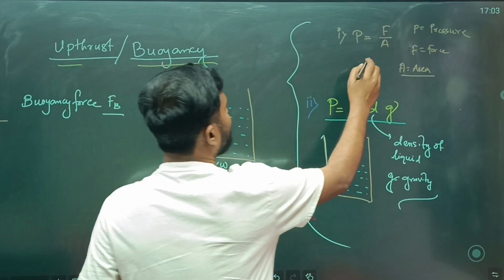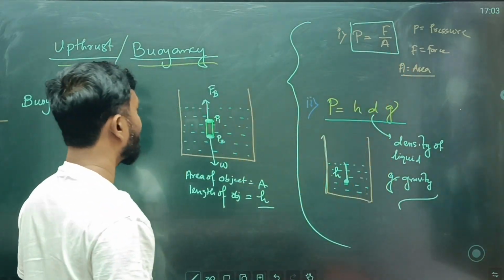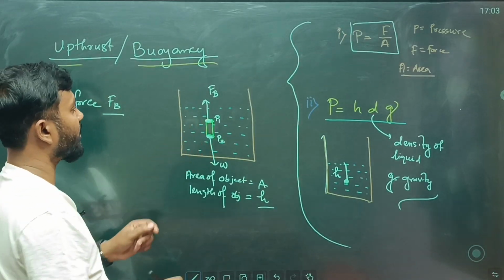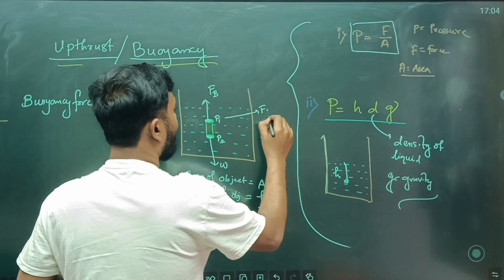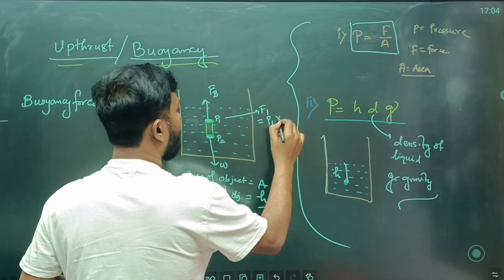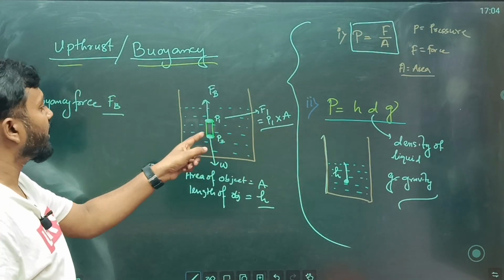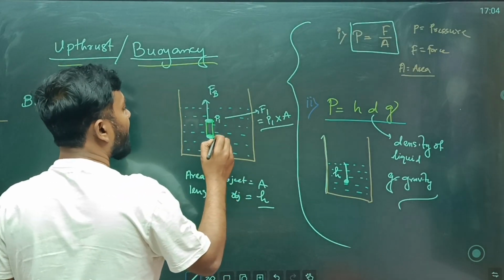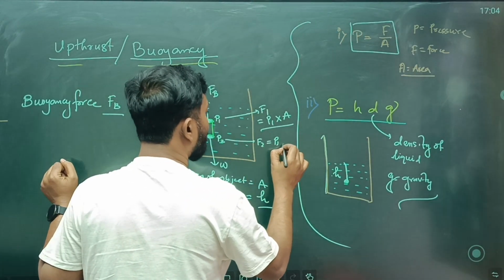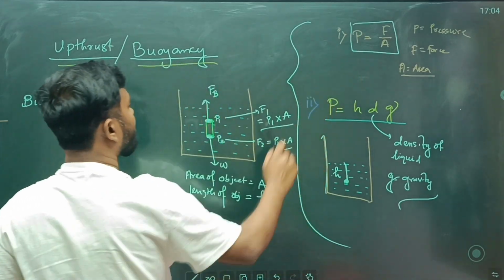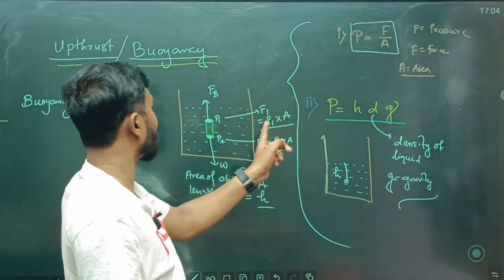From the equation, force is equal to pressure into area. Here force F1 is equal to P1 into area, and similarly there is also a force acting at the other point, F2, which is equal to P2 into A.